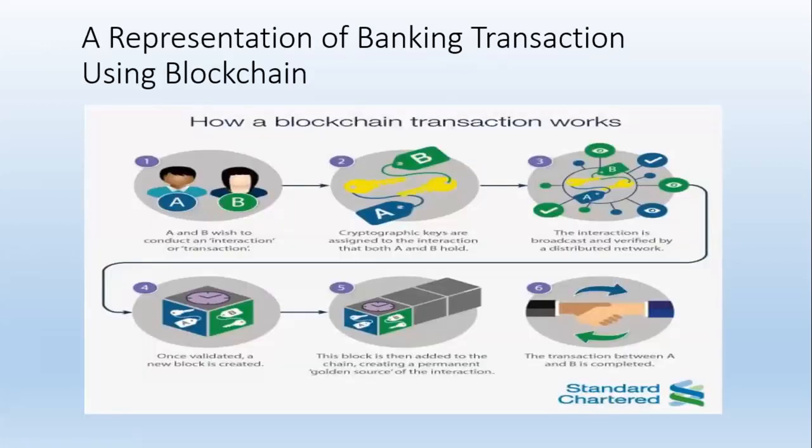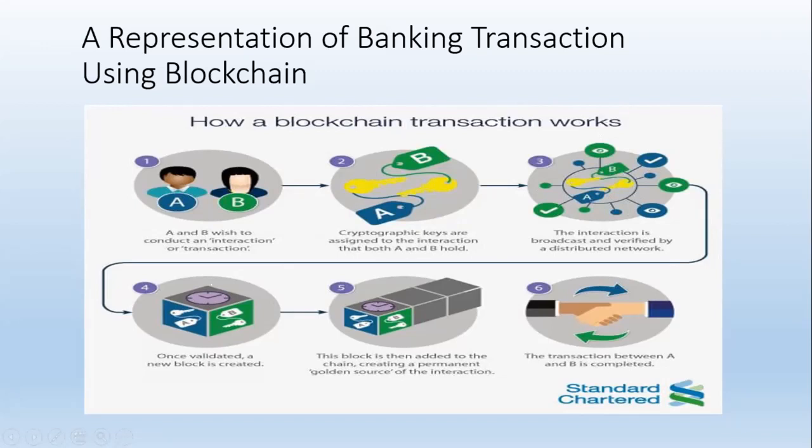So using blockchain, how does a transaction work? Step by step it is given. Person A wishes to interact with person B or to perform some transaction. A cryptographic key will be generated and assigned to both parties A and B. Then the interaction is broadcast and verified by the people who are in this blockchain network.